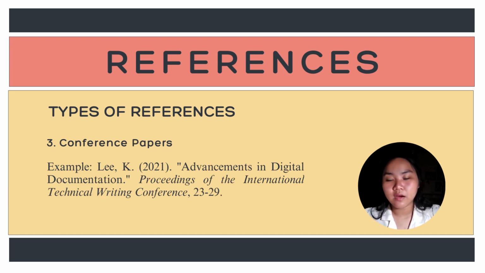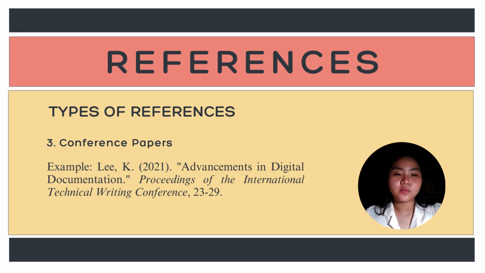Next we have the conference paper. These present new research findings discussed at academic conferences. It is often where cutting-edge research is introduced before it is formally published in journals.